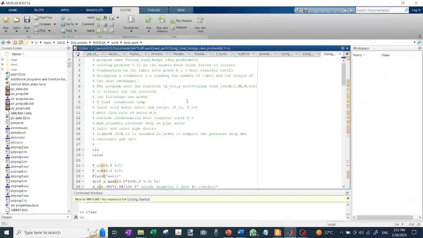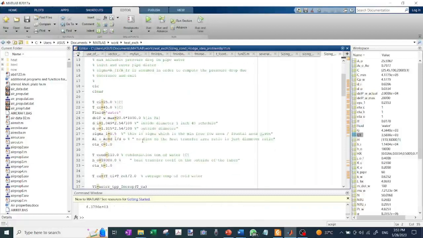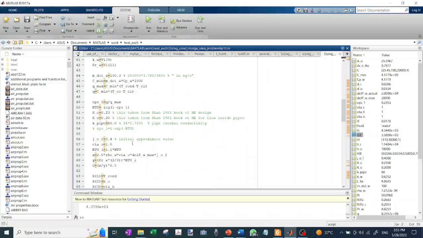this is now solving utilizing fsolve. If you run this with almost the same input data, the only difference is that we put some kind of a KC for the entrance of the heat exchanger coefficient, and the same thing for the exit, KE.